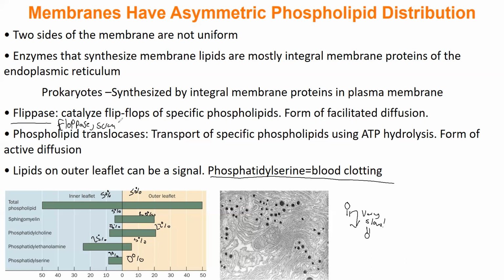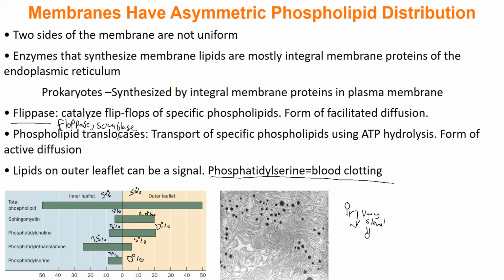They each do something different. Flippase will move certain phospholipids. Floppase moves other phospholipids. Scramblase moves like 2 lipids at a time. You don't need to know the exact differences between them. You just need to know their general purpose, which is to move lipids from one side of the membrane to the other.